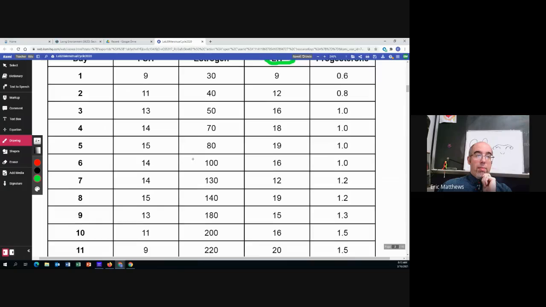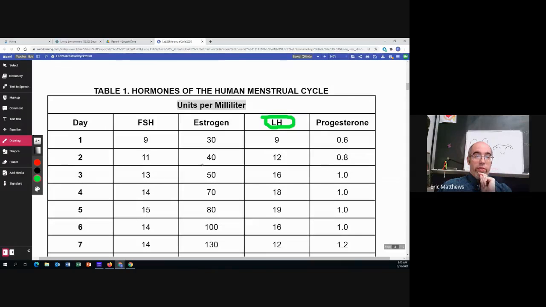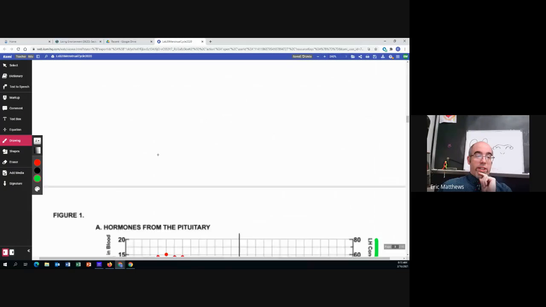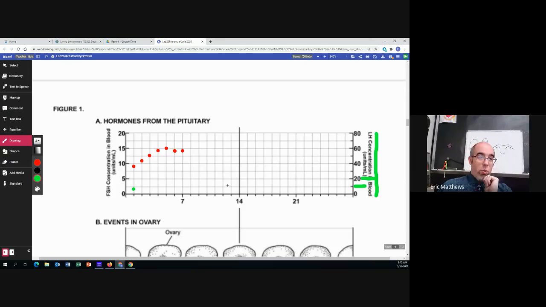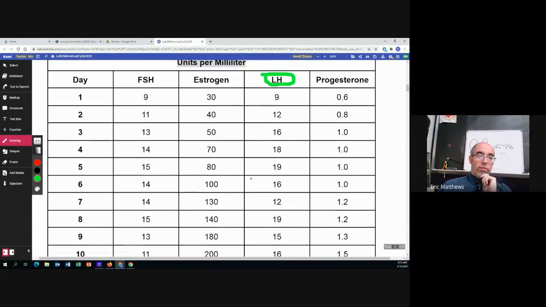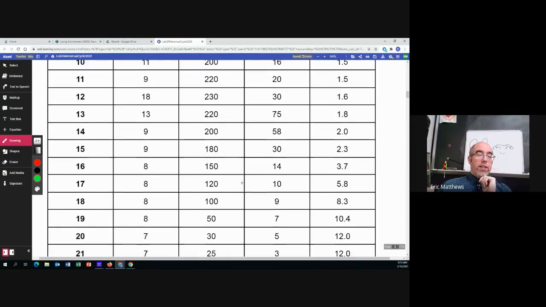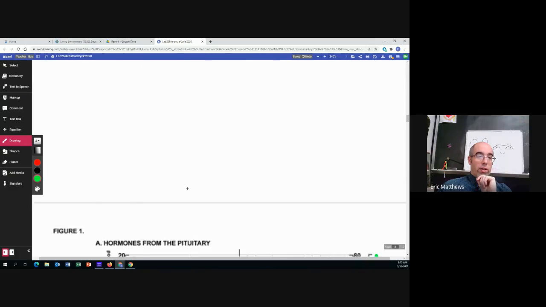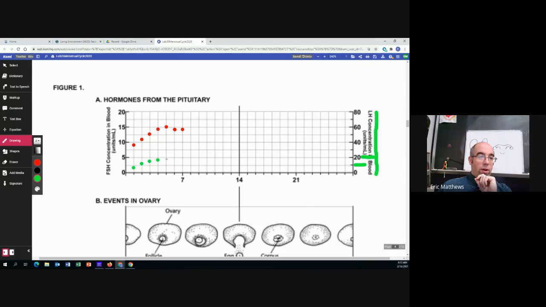Then we come up, and then it goes 12, 16, 18. So once again, from this side, 12 will be just above this line. 16 will be somewhere towards the middle. 18 will be right up near 20. Then 19, 16, 12. So 19 is right up there. 16's back down towards the middle, and then 12.